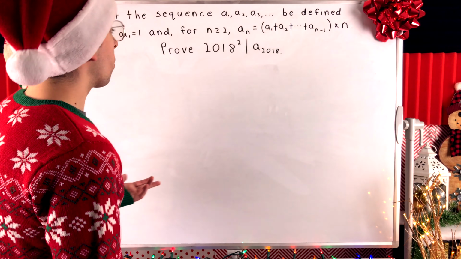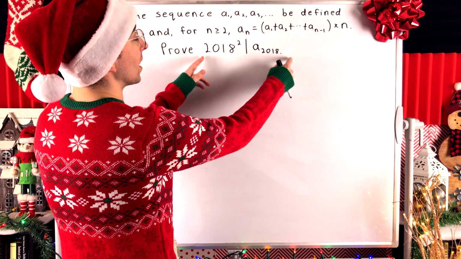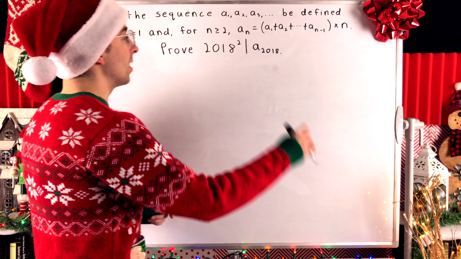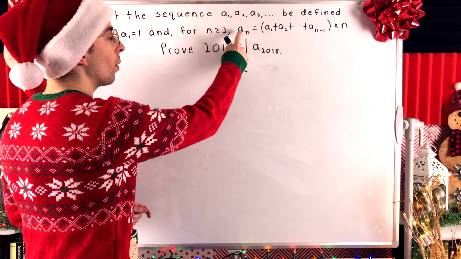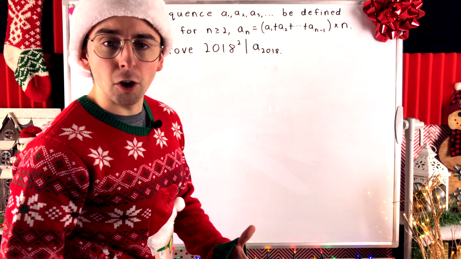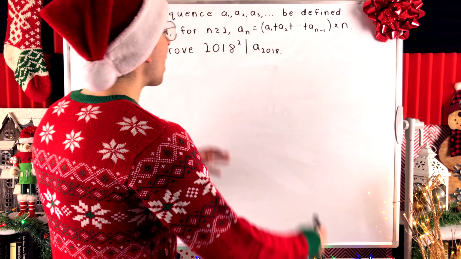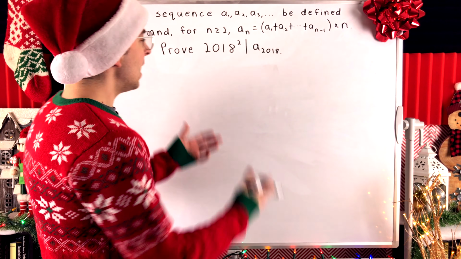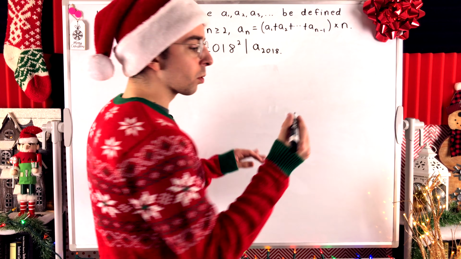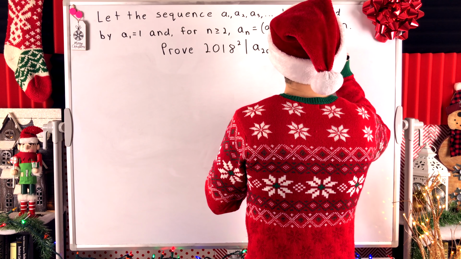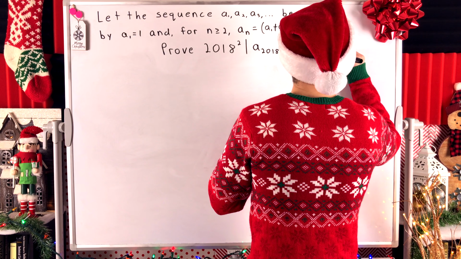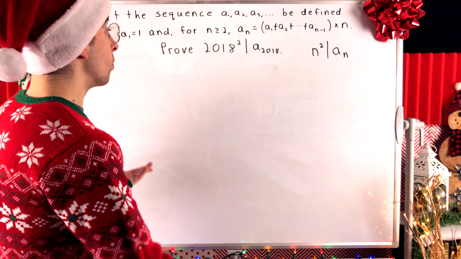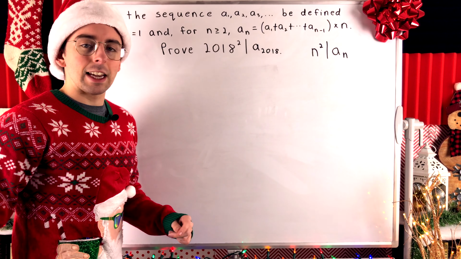So what would the more general property be if we tried to generalize it? Well, that would be that n squared will always divide the nth term of the sequence. So rather than getting caught up in these specifics with 2018, let's see if we can prove the more general statement that n squared will always divide the nth term of the sequence. Certainly, if we can prove that, we will have proven this.